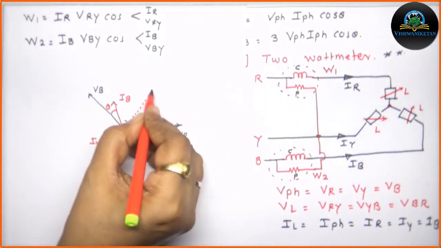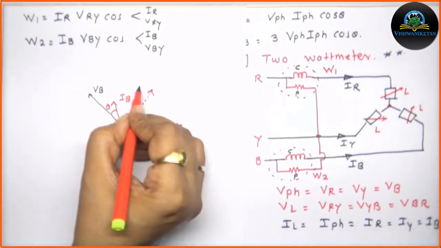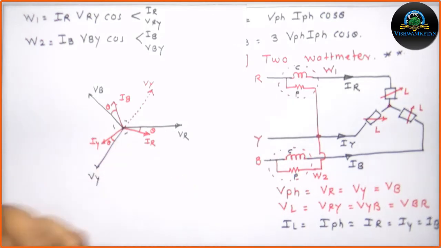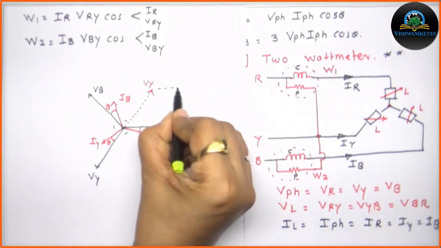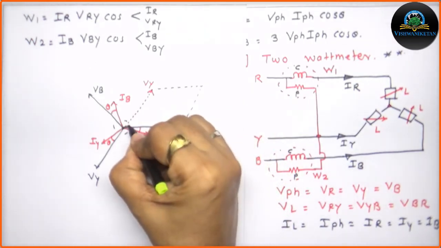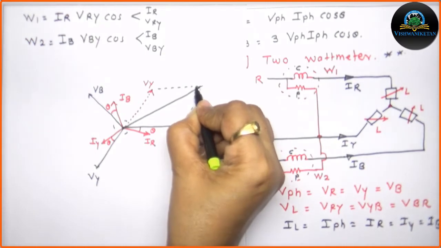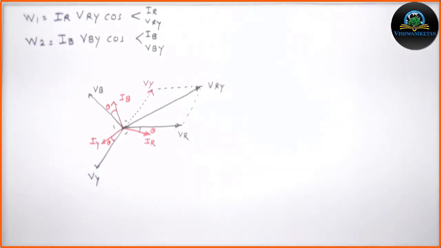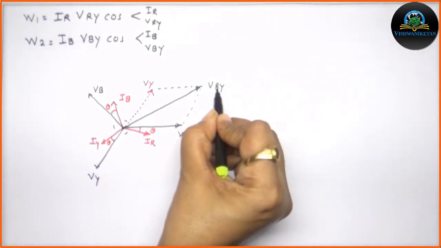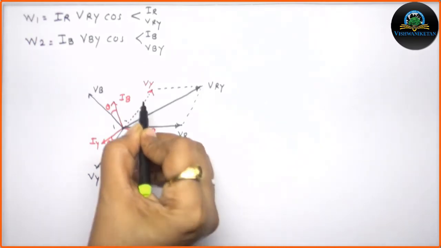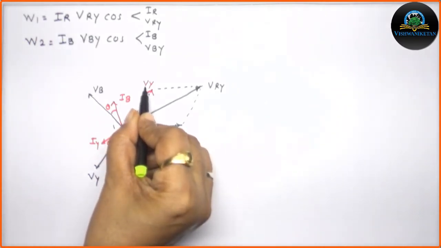So I will get the reflected component of VY here, which makes 180 degrees with VY, and drawing the complete parallelogram for this, I will get the resultant, which is VRY. Now why did I take VRY and not VYR? Because R was a real component and Y was a reflected component.